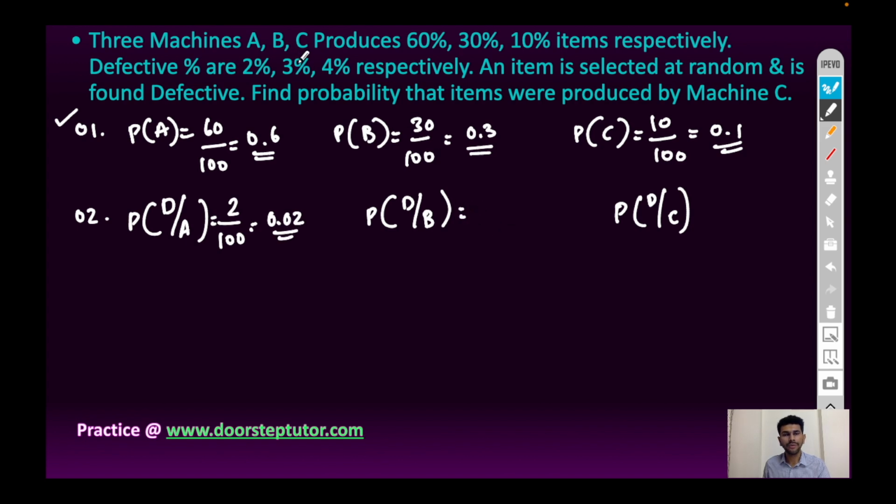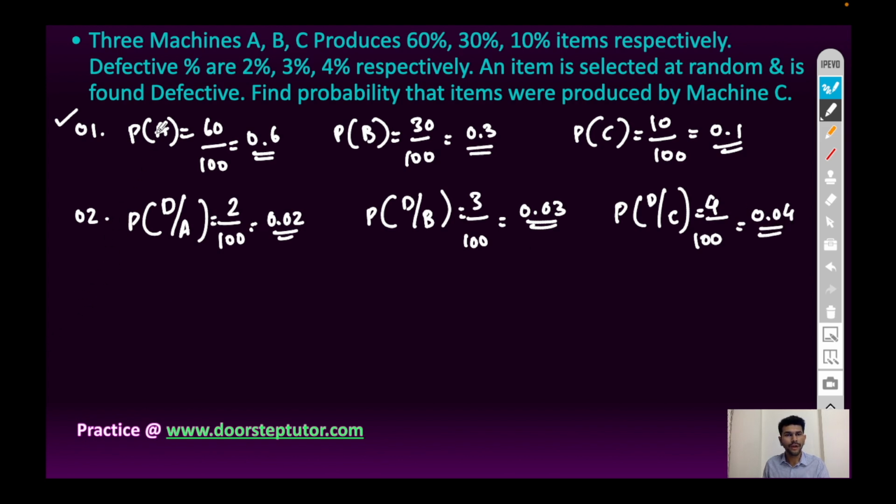For machine B, 3%, 0.03, and for machine C, the probability of selecting a defective item out of machine C is 4%. It means 4 divided by 100, 0.04.